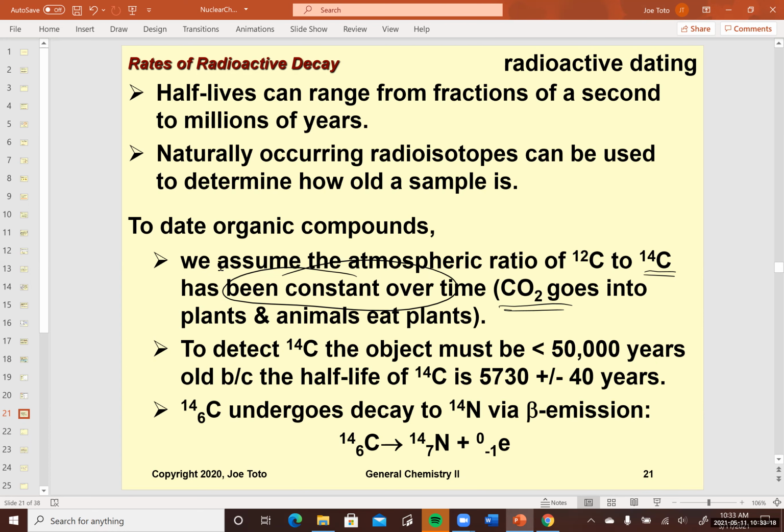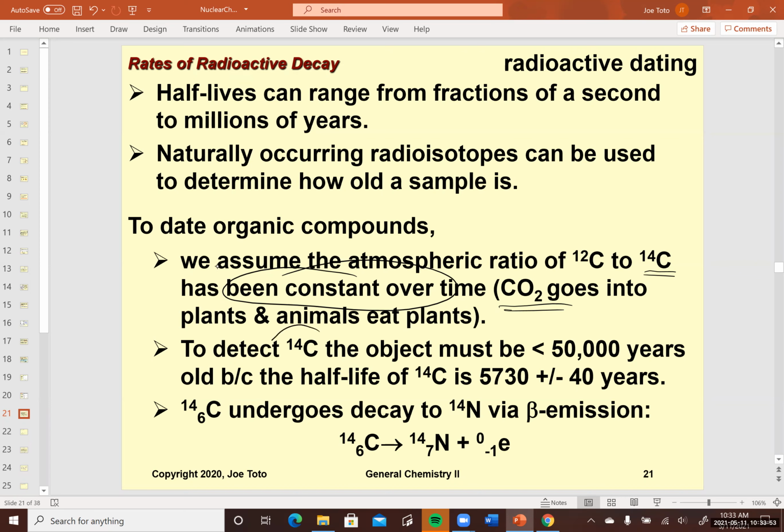So animals either eat plants, which use the CO2, or those animals are eaten by other animals. And so the CO2 in their bodies is at a certain level. And like I said before, once those animals die, they stop ingesting new source of carbon-14. So the amount of carbon-14 starts to decrease.